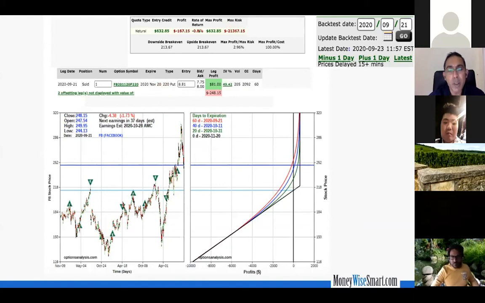So I will be on the hook for $2,200 minus the $880 which I have brought in, which is in my pocket. So that is the risk which I'm taking if I'm purely looking at this as a short-term trade.